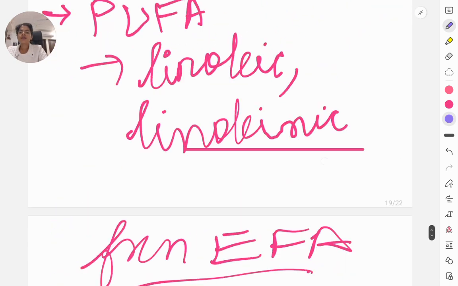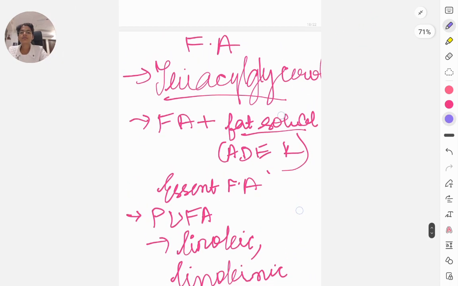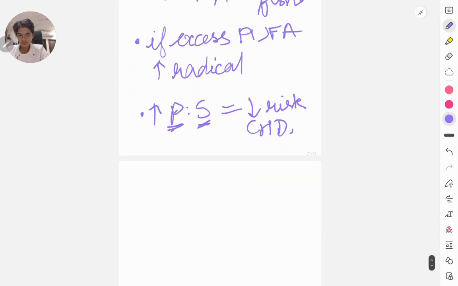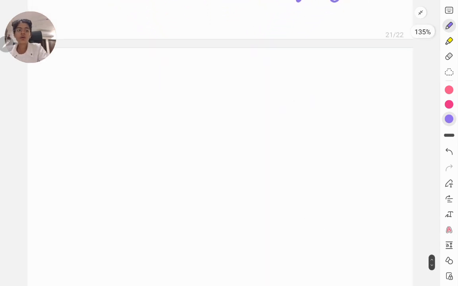Now what's the next part we are supposed to know? We saw the essential fatty acids and functions. Deficiency would cause what? Then this also. Now, omega 3 and omega 6. On what basis are we saying it omega 3?